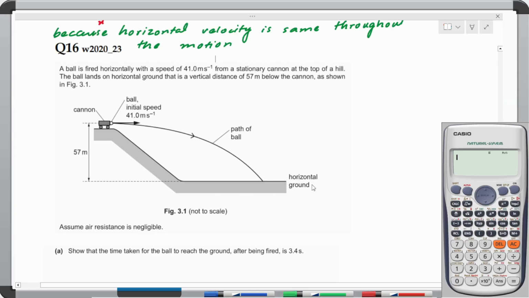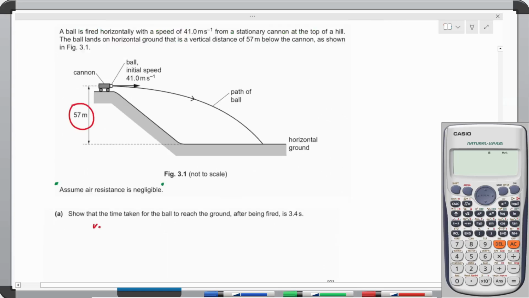All right, so we do have the vertical distance, so I'm going to consider the vertical motion, and everything that I'll be writing would be for the vertical motion, so I'm not going to add the subscripts. So distance 57, once again for the vertical motion. Initial velocity is 0.